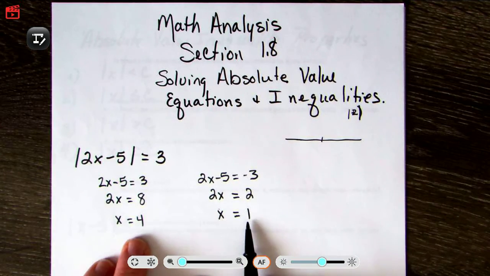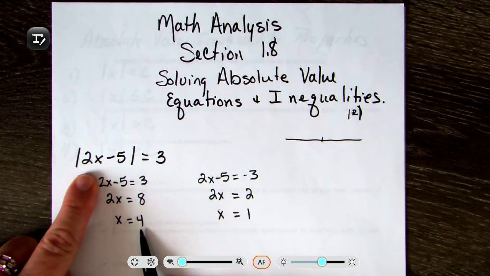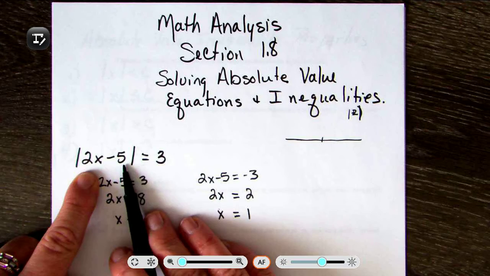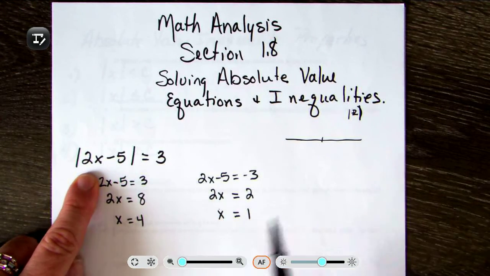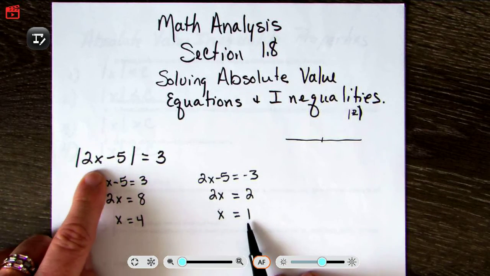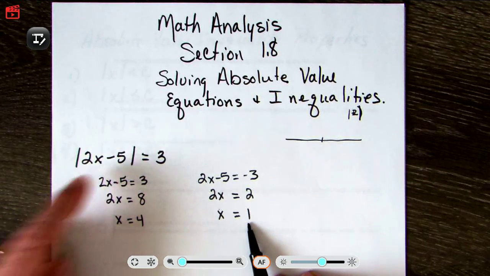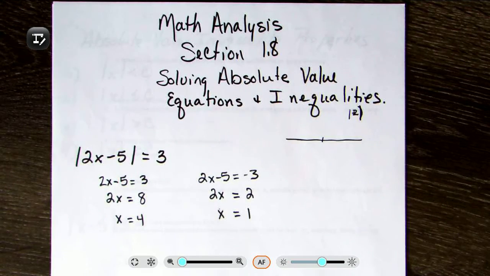If we substitute those back in, 2 times 4 is 8, minus 5 is 3, and the absolute value of 3 is 3. Substituting in the 1, we get 2 minus 5, which is negative 3, and the absolute value of negative 3 is also 3. So we do have two answers that will work.